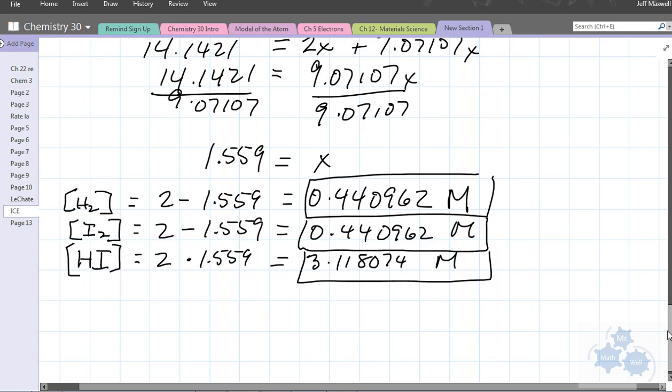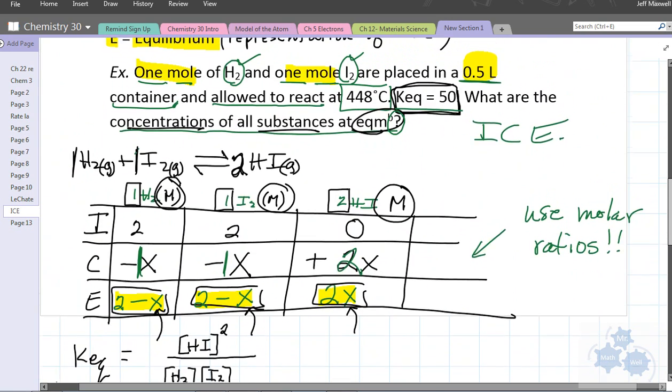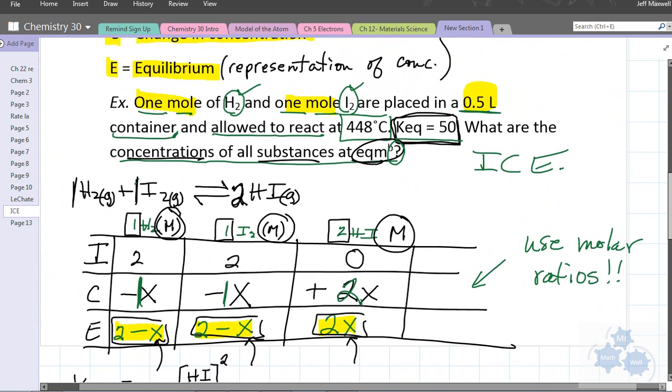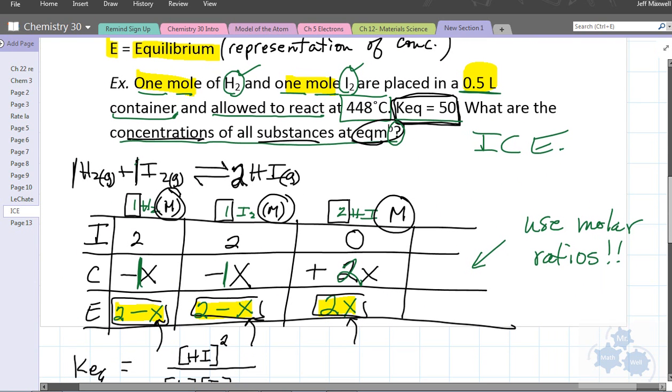3.118074 molar. And if we look back to the original question, I don't think I had intended sig figs to be an issue, but you'll see in your questions there'll be sig figs, there'll be precision for each one. So you might see this is 0.500 liters. Okay, KEQ 50.0, something like that.